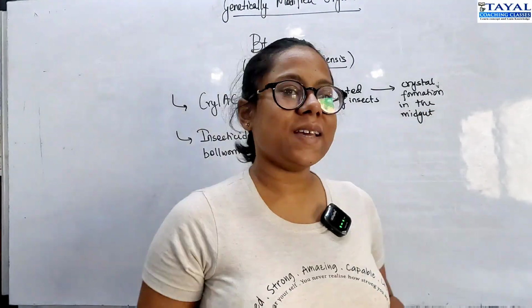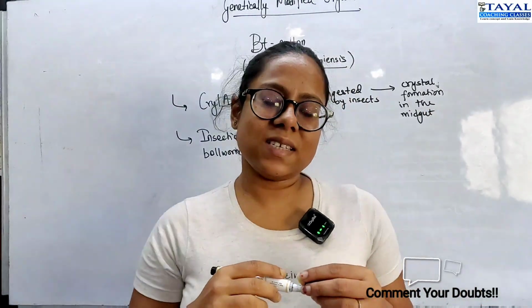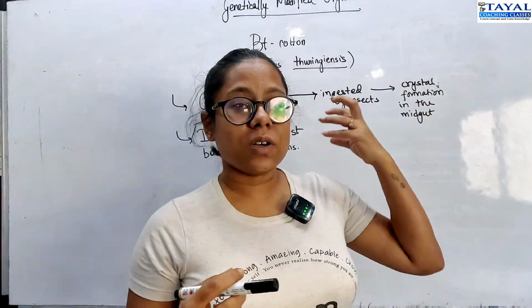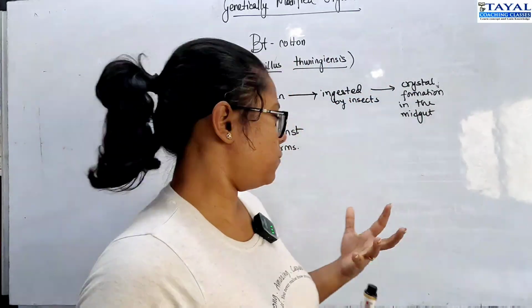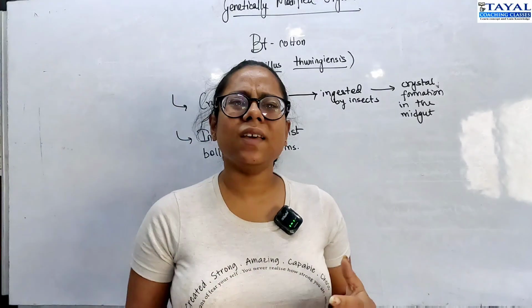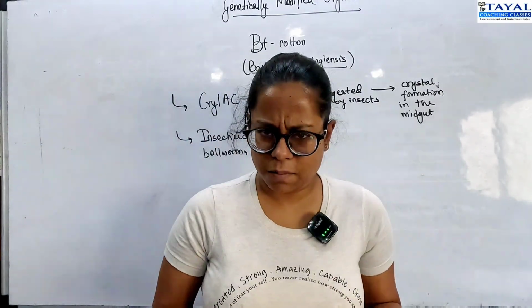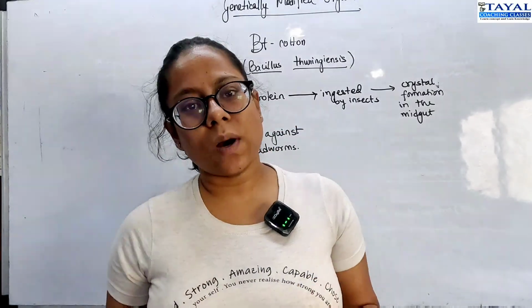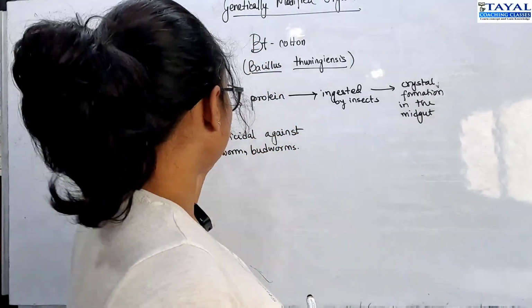Now, once an insect ingests this toxin, the cry protein, specifically cry1AC protein, there have been multiple cry proteins identified till date, but cry1AC is one that is in your syllabus. Let's discuss that.